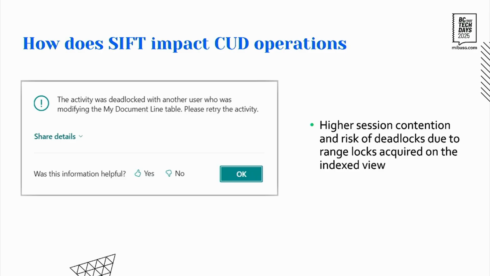First of all, the way SQL Server handles locks when updating a SIFT is much more aggressive. When updating indexes, you will see granular row locks that can be escalated.